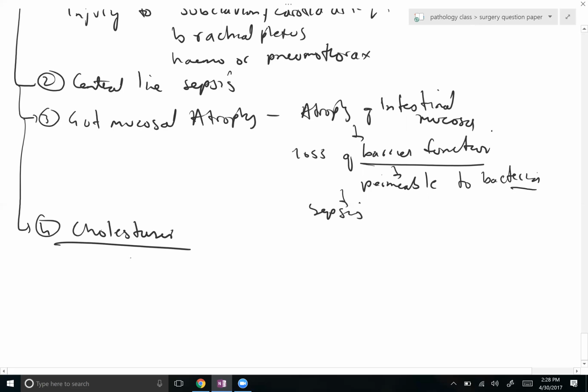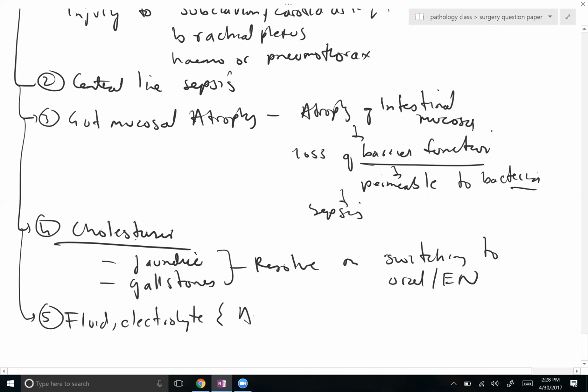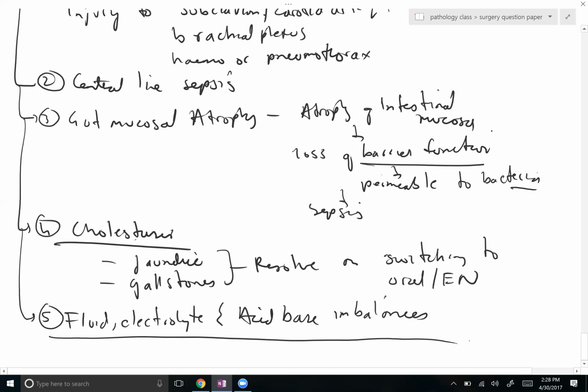The patient can present with signs of jaundice or gallstones, and these resolve on switching to oral or enteral nutrition. And the last complication is fluid, electrolyte, and acid-base imbalances.